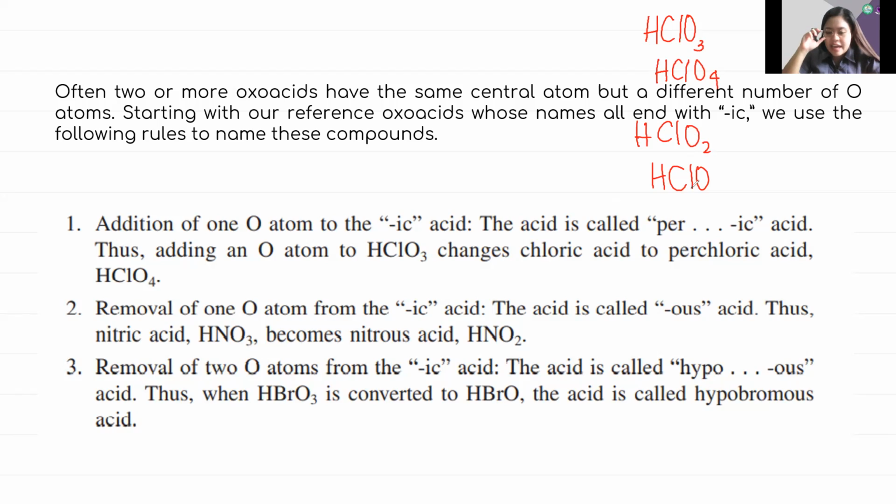What you should remember, class, if you encounter this type of oxo acid, you go back to your index cards and look for the polyatomic ion that ends with ATE. Which among them, ClO3, ClO4, ClO2, or ClO, ends with ATE in their name?